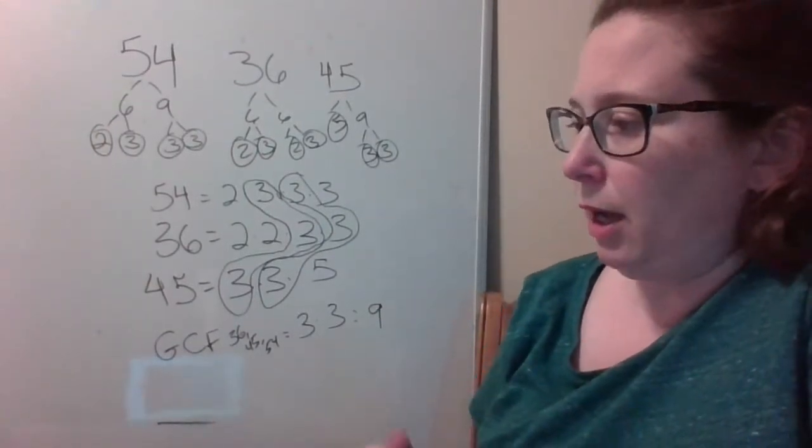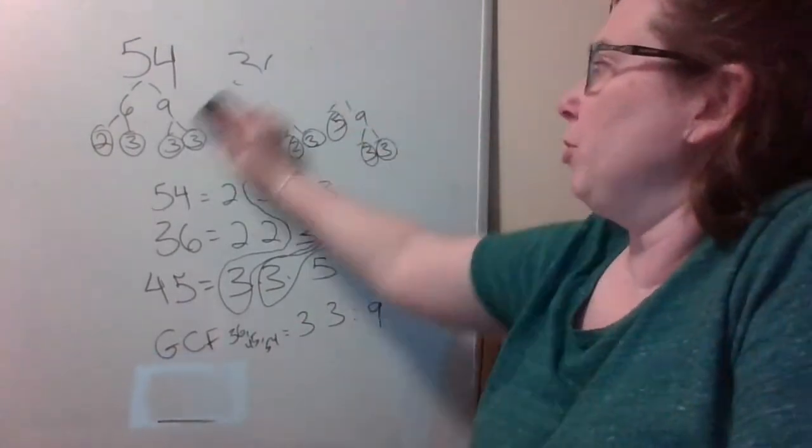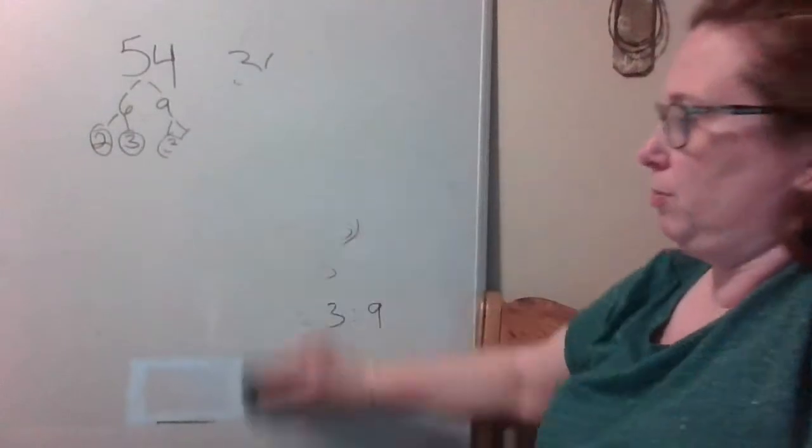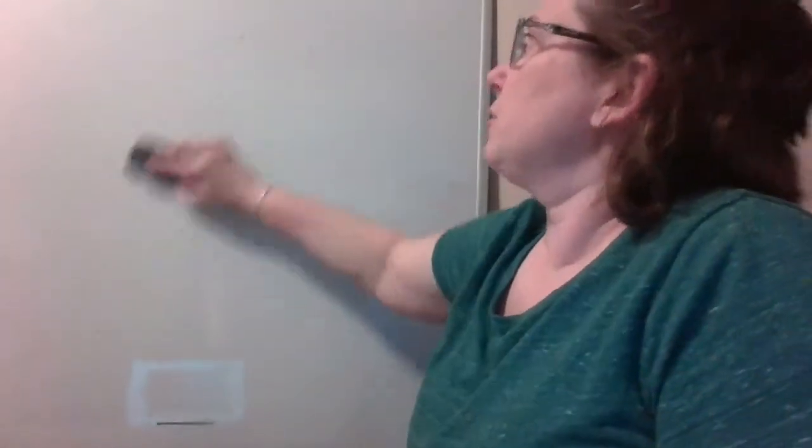The next thing that we have are monomials. So example 4 goes back to the monomials that we have talked about previously. Just as a reminder, monomials are numbers and variables that are separated only by multiplication or division.